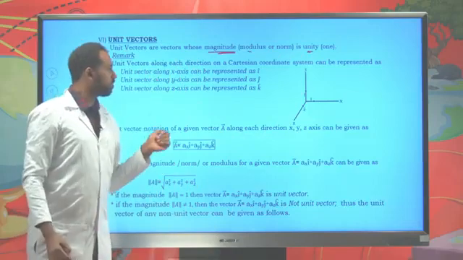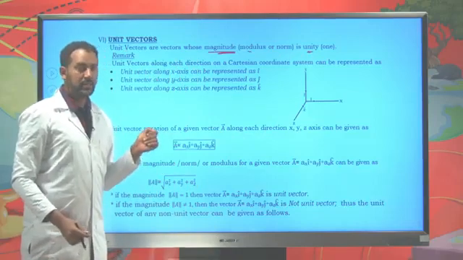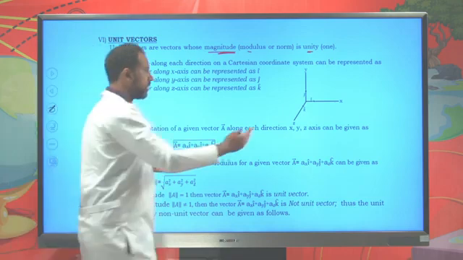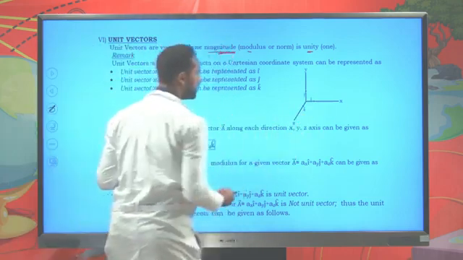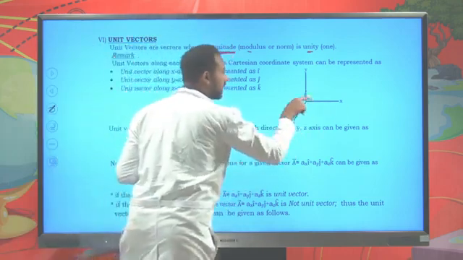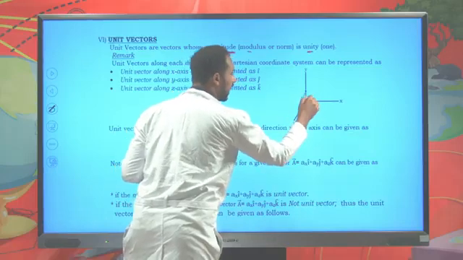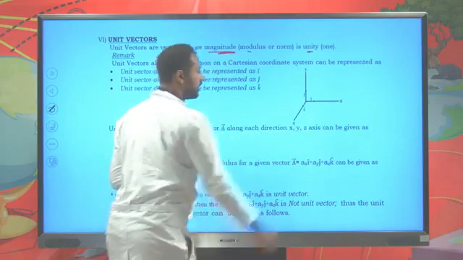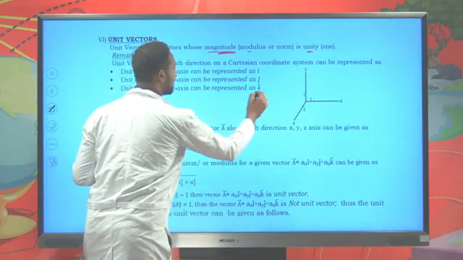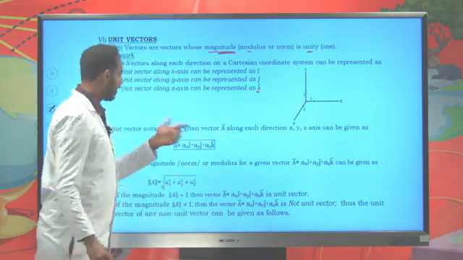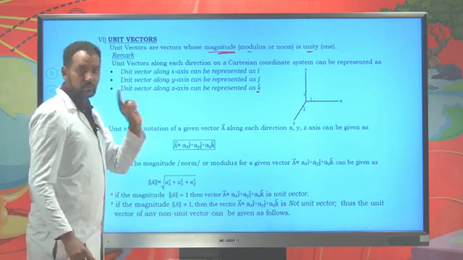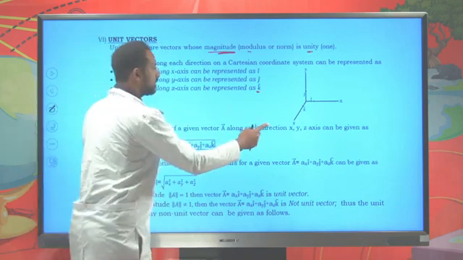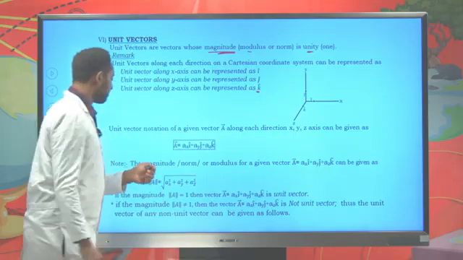To represent the unit vectors on each axis, we have three coordinates: x-axis, y-axis, and z-axis. The unit vector acting along the x-axis is called i. The unit vector acting along the y-axis is called j. And the unit vector acting along the z component is called k. All their magnitudes are 1. The only thing is they represent x, y, and z.